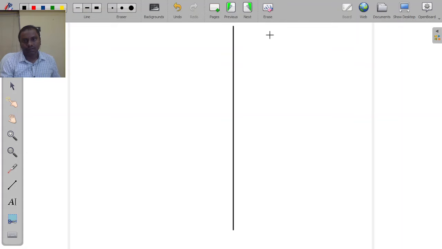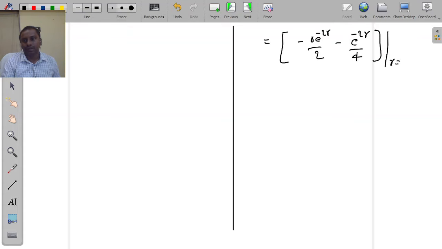Now when you substitute these things, the integration by parts will become minus r e power minus 2r by 2, and again this integration will become minus 1 by 4, e power minus 2r divided by 4, with limits r equal to 0 to r.